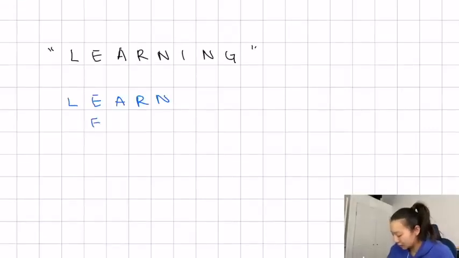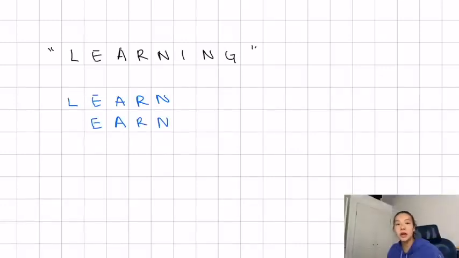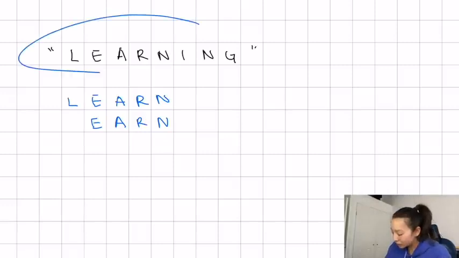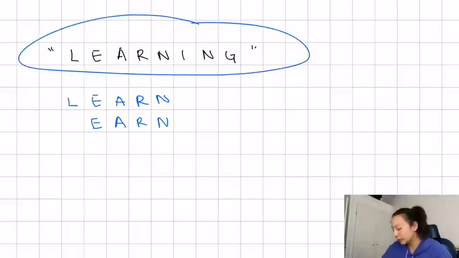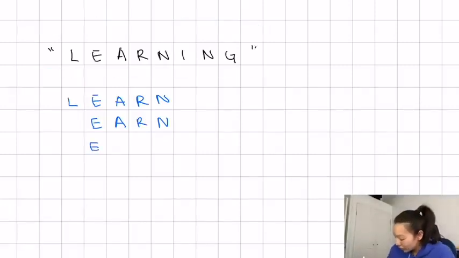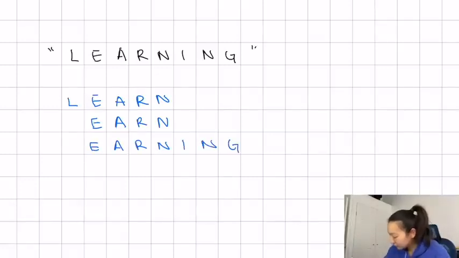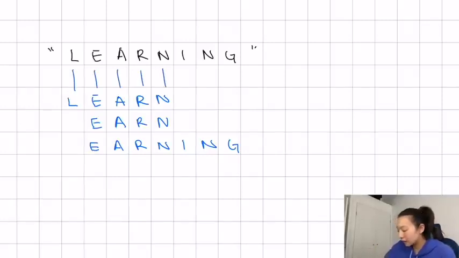Another possible is earn, because these are strings that use characters that belong to learning. Another possible one is earning. Now you might say, okay, Kylie, all of these are consecutive in terms of the characters, all next to each other.